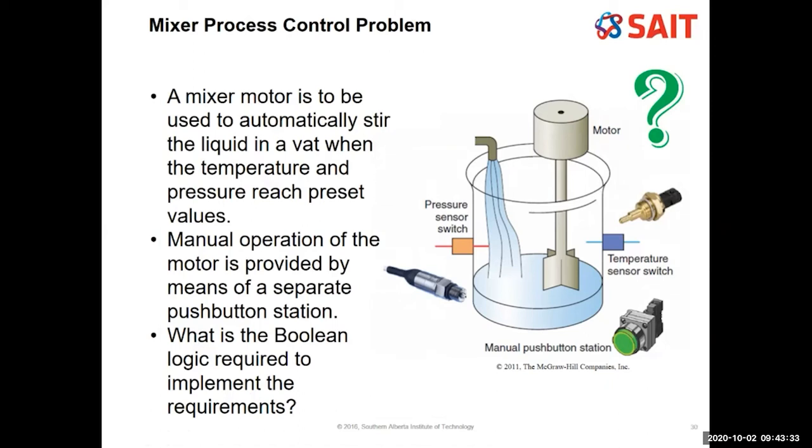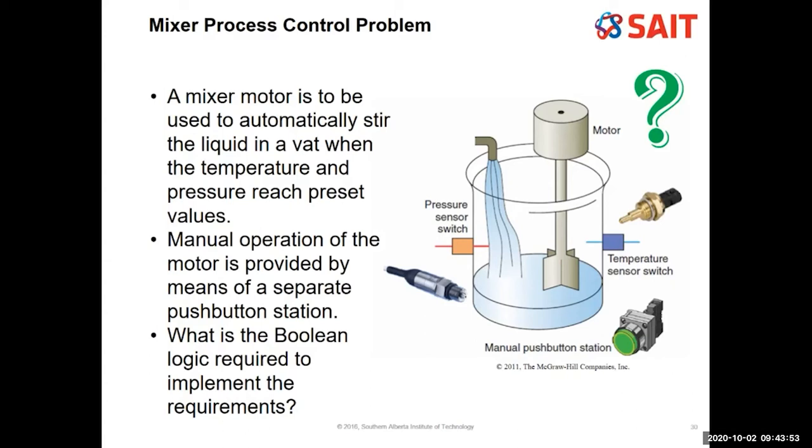So if I read this and start taking notes, I've got an output here, it's a motor. I can see that I've got two inputs, a pressure and a temperature. And a little bit of logic: when they reach a preset level, the motor will turn on. Okay, that makes good sense.